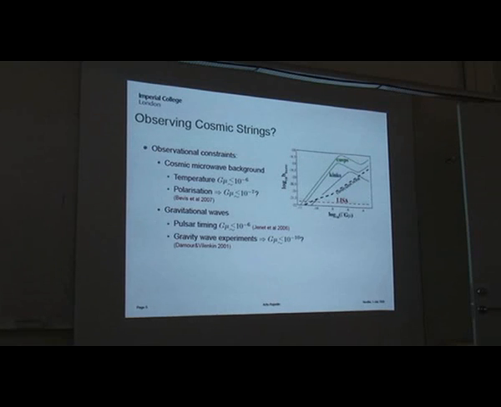Therefore, by measuring how stable the frequency is, we can get an upper bound on the amplitude of the gravitational waves, and that's again proportional to the tension. That's similar to what you get from the cosmic microwave background.